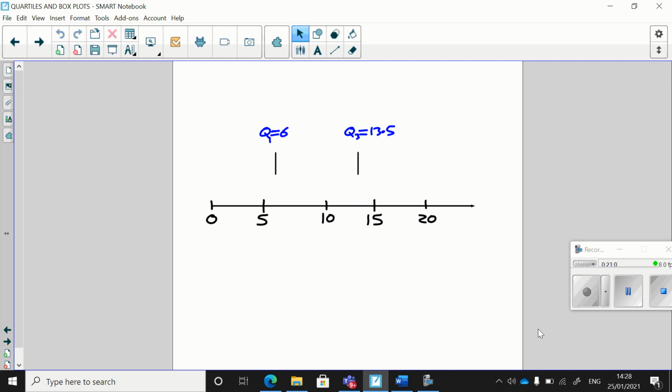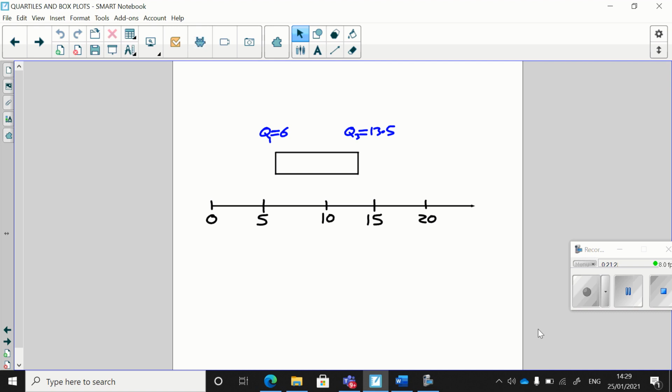So we get Q1 to Q3. That looks okay, and these are two sides of a box. We need another two sides. That's what I've got there. Within that box, Q2 exists somewhere. From memory, I think Q2 is 9.